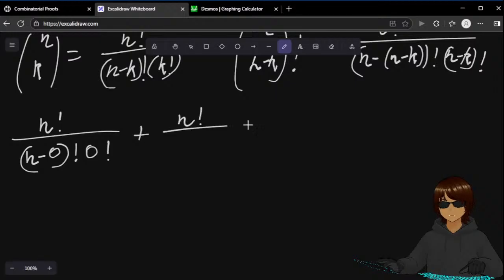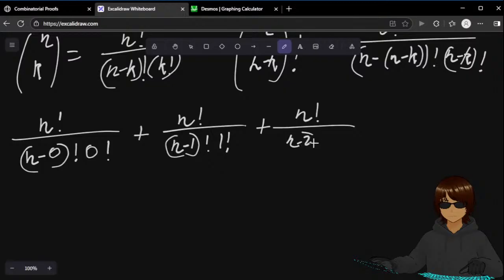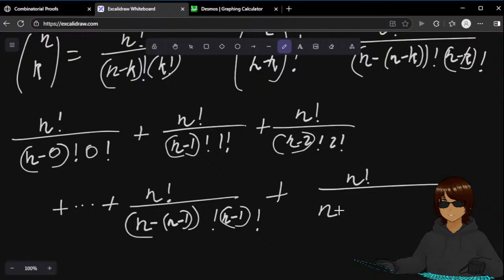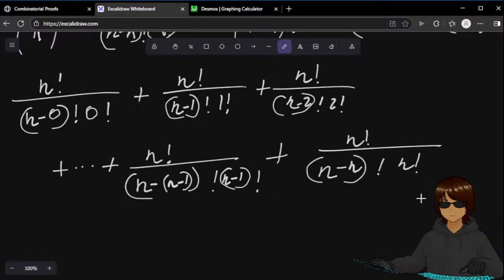Plus n factorial, plus n minus 1 factorial, plus n minus n. How do we prove this?